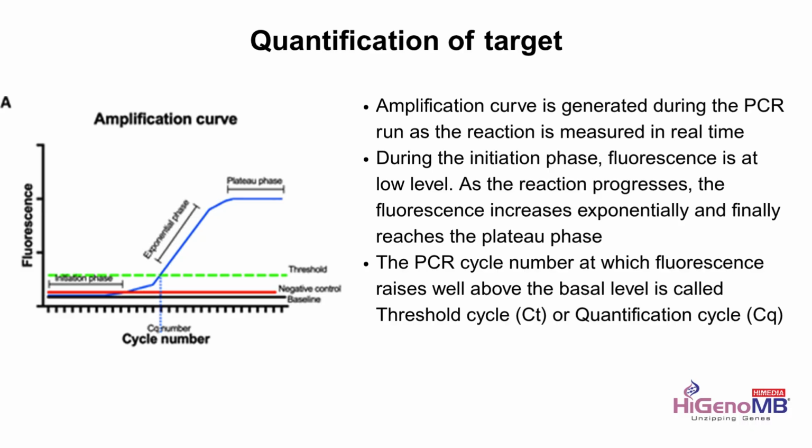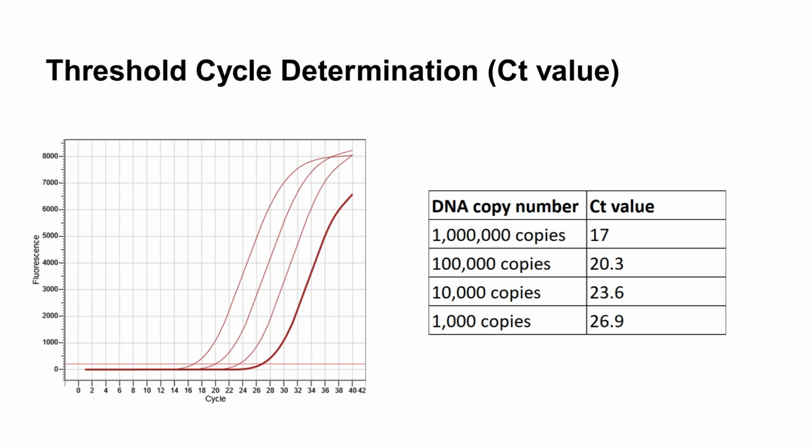Say for example, if you have 1 million copies of DNA as your starting material, the number of cycles for it to reach the fluorescence above the background fluorescence will be smaller, meaning for 1 million copies of DNA, when it gets amplified in a PCR reaction, after about 15 or 16 cycles, the fluorescence starts increasing above the background level, and it starts entering the exponential phase.